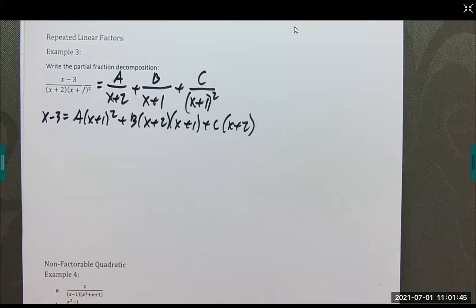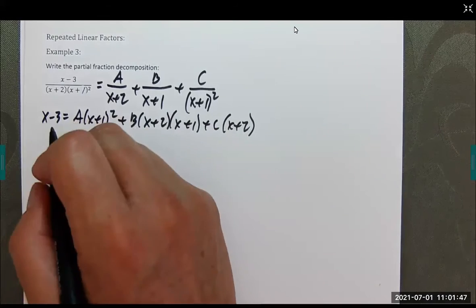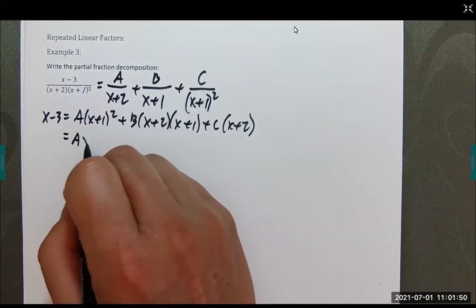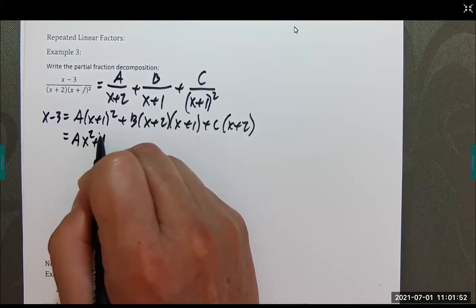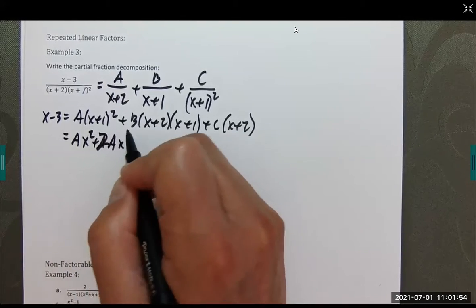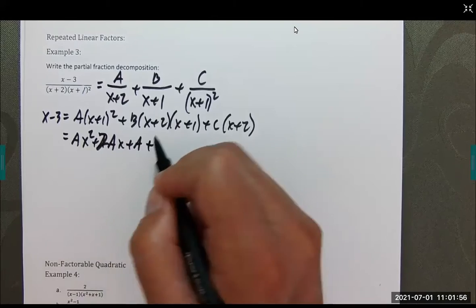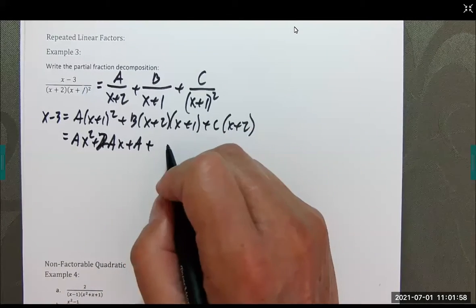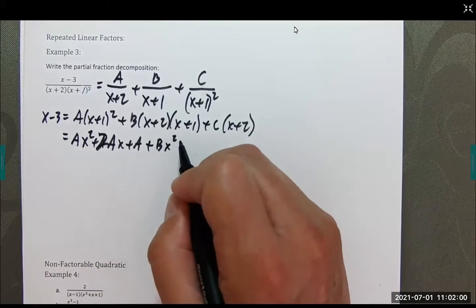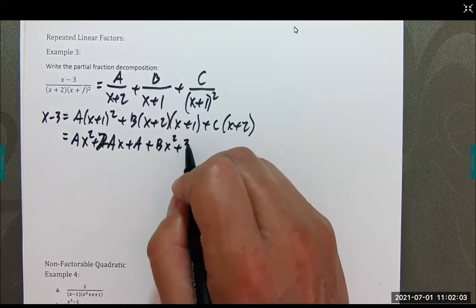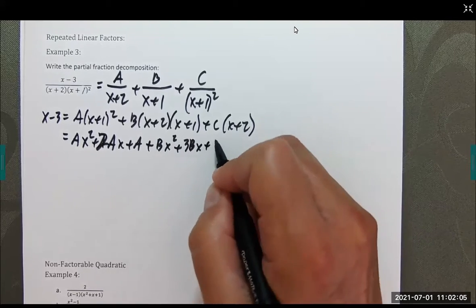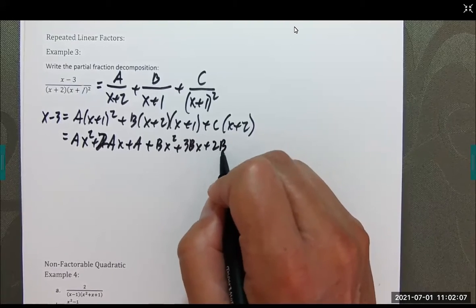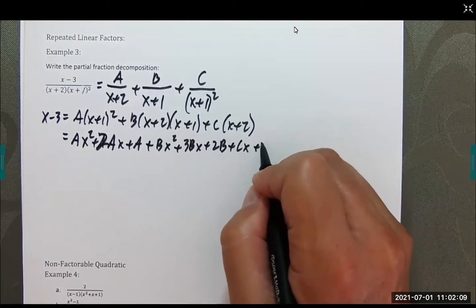We're going to FOIL that. Now 2ax plus a plus bx squared plus 3bx plus 2b plus cx plus 2c.